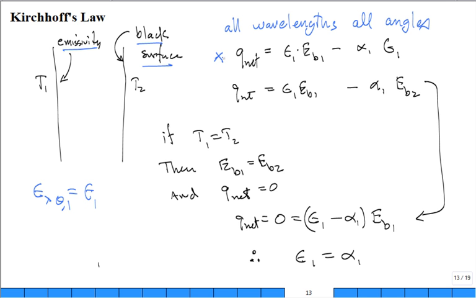But if I have just one emissivity averaged over all wavelengths and all angles for surface 1, then I can have an energy balance Q net, which is how well it's emitted from surface 1. Doesn't that look reasonable? Emissivity 1, EB1. That's how it's going out. And then this is the incoming G1, but some of it's absorbed, not all of it, only alpha 1. Should I have alpha 1 here, the absorptivity of surface 1, or alpha 2?